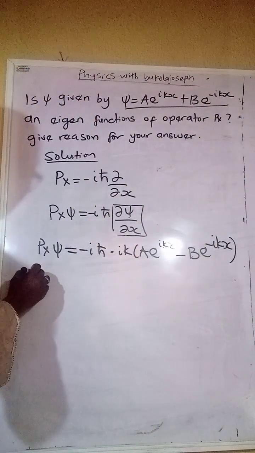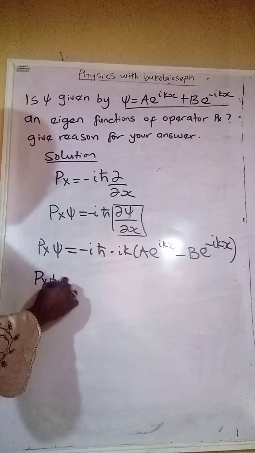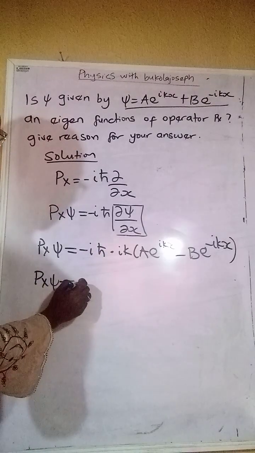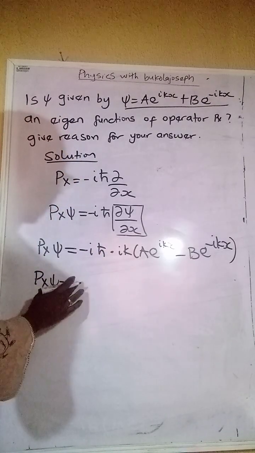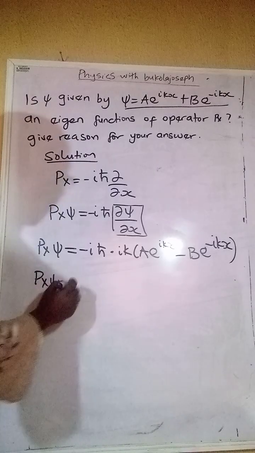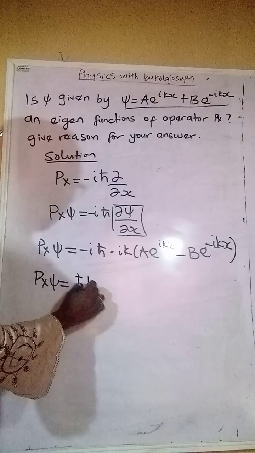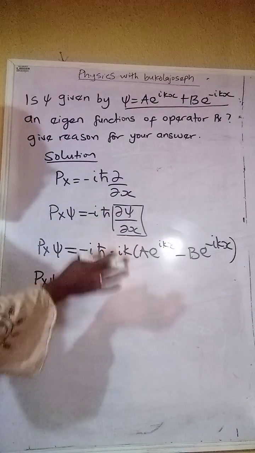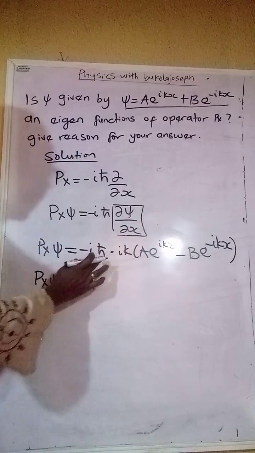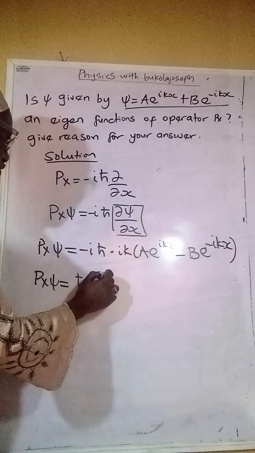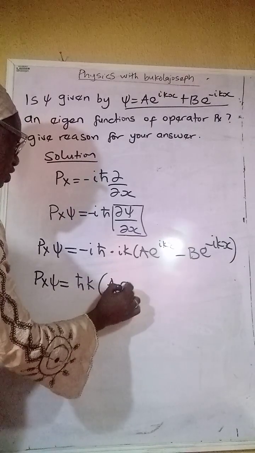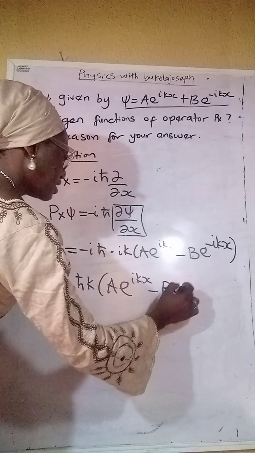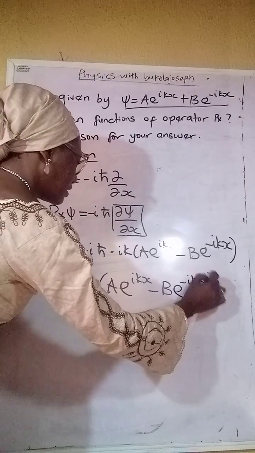So px psi equals, we have a minus here. i times i is minus 1, so minus times minus becomes positive, and we are left with hk. So we have hk times A exponential ikx minus B exponential minus ikx.